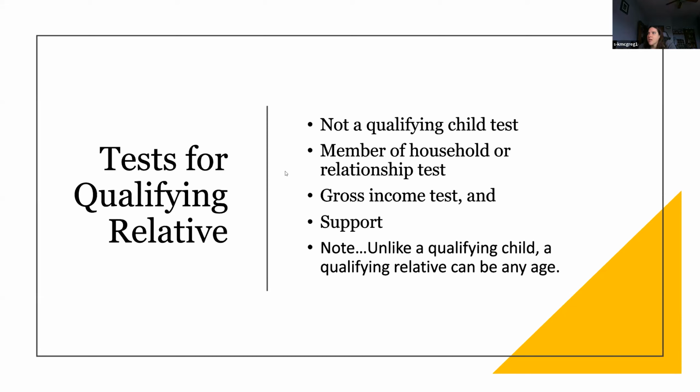Okay. So now we're going to talk about if they're a qualifying relative instead of a child. So it's a person who is not considered a child, so somebody who's either over 18 and not in school, or over 24 in general.